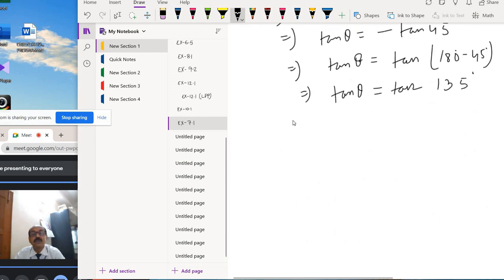Therefore theta equals 135 degrees. This is the required angle. This is the answer.